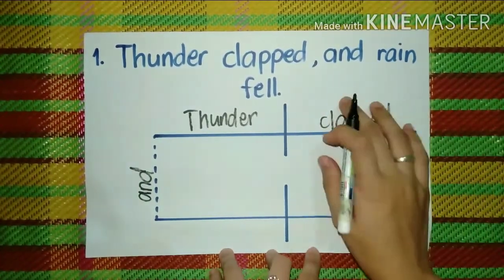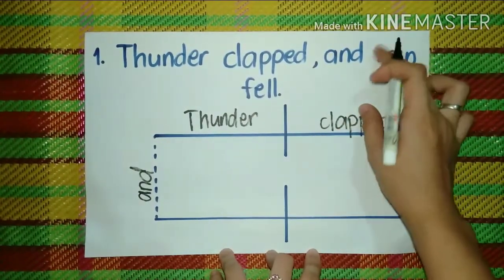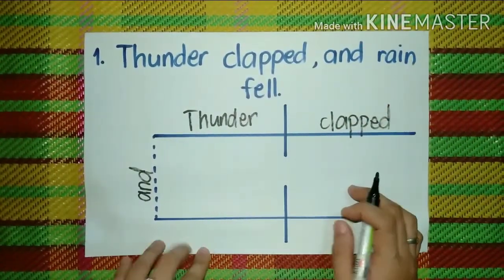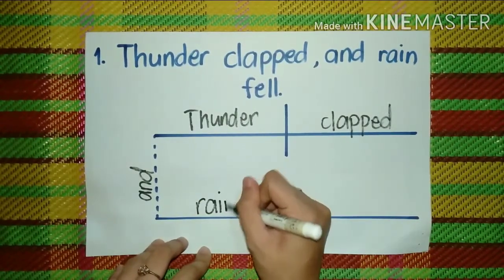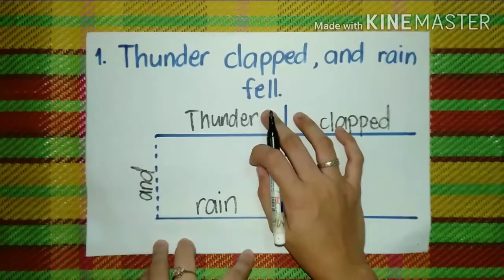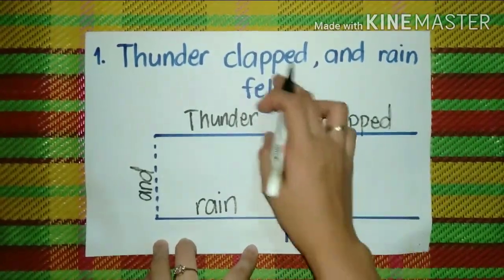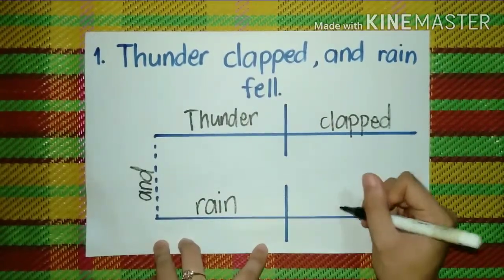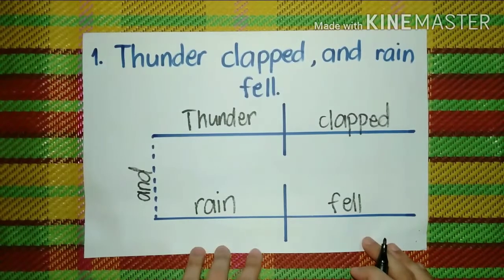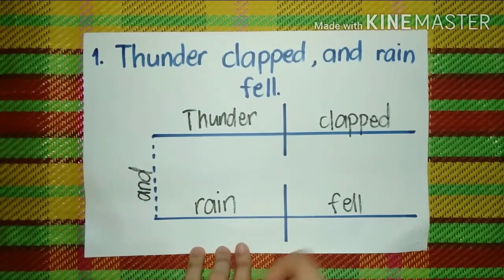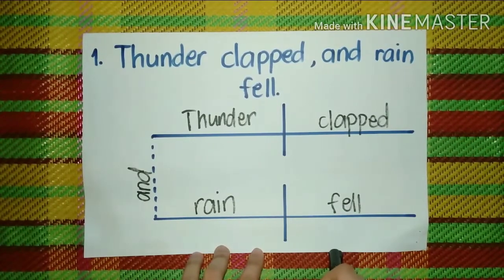Here in the second idea, we are talking about the rain. So the rain will be the subject for the second idea. And since the predicate refers to the verb in the sentence, write the other verb here as the predicate of the sentence. So this is how the first example works for the diagram.